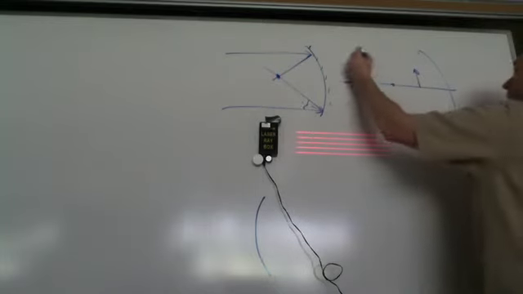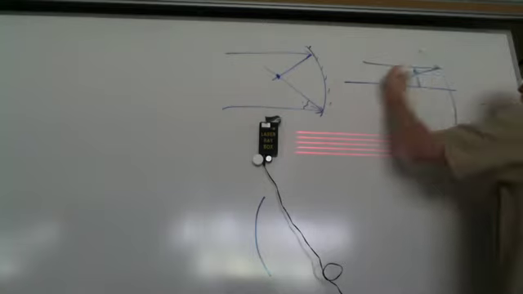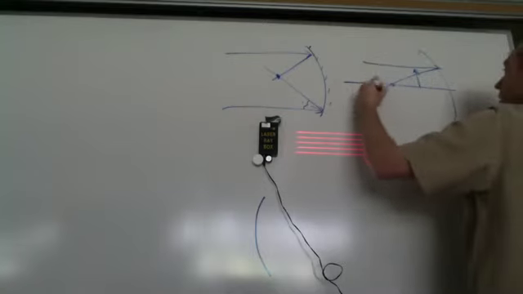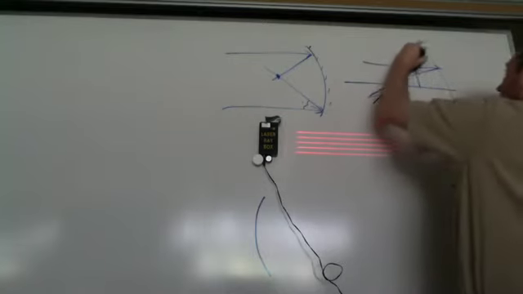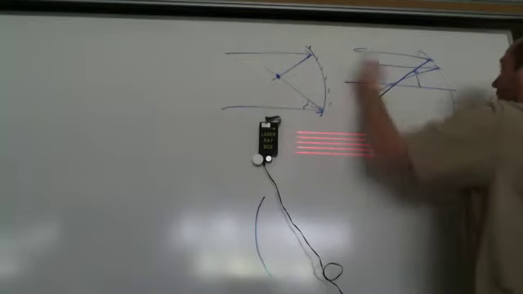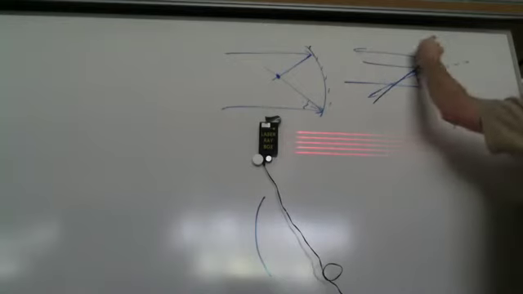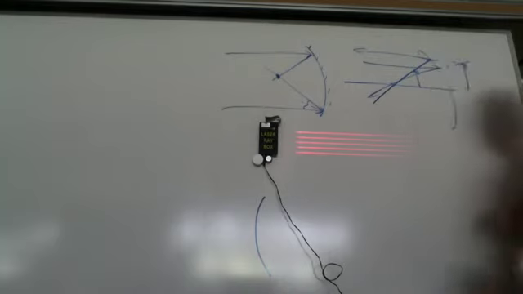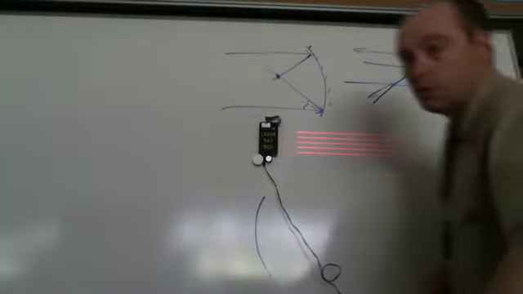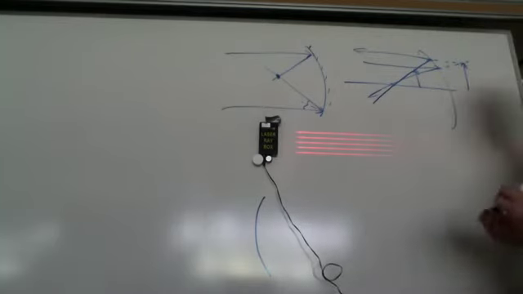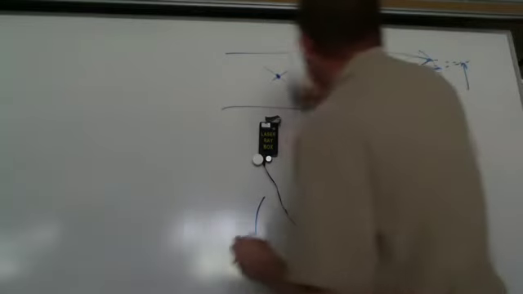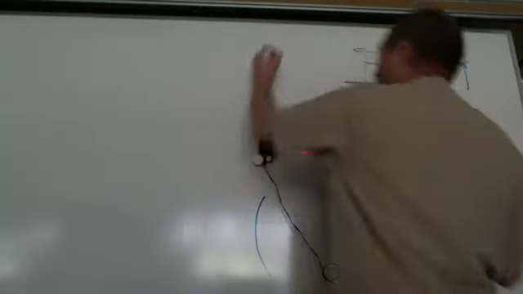So if I do my same light rays, parallel through the focal point, and then through the focal point and then parallel, they don't meet, but if I extend them back, they do meet. Hence, it's a virtual image. So there you go.